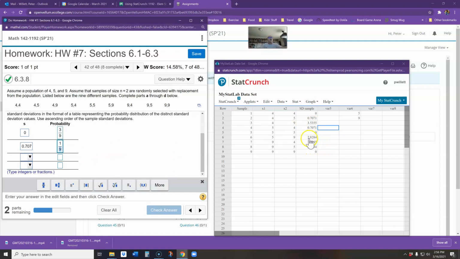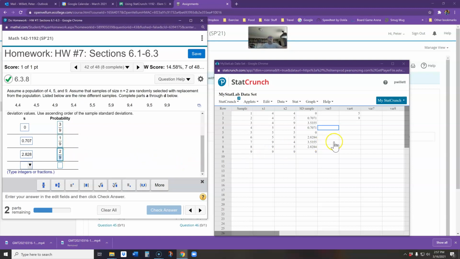And then the next highest is 2.83, or 2.828 if I go to another decimal. And how many had those? It looks like this one and this one. So that's 2 out of the 9. So there's a 2 out of 9 probability that I would get that sample standard deviation. And 3, 4, 5, 6.